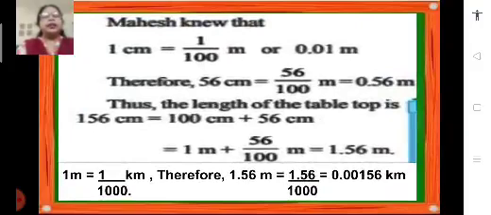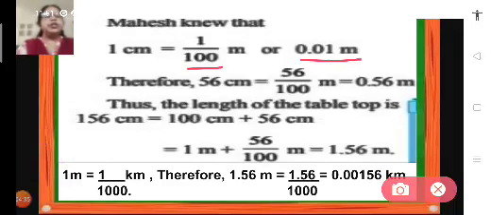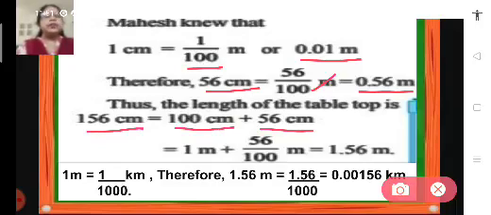We know that 1 centimeter is equal to 1 upon 100 meters, isn't it, or 0.01 meters. So 56 centimeters will be equal to 56 upon 100 meters, isn't it? That means it is 0.56 meters. So the length of tabletop is 156 centimeters. That means it is 100 centimeters plus 56 centimeters, and we know that 100 centimeters is equal to 1 meter.